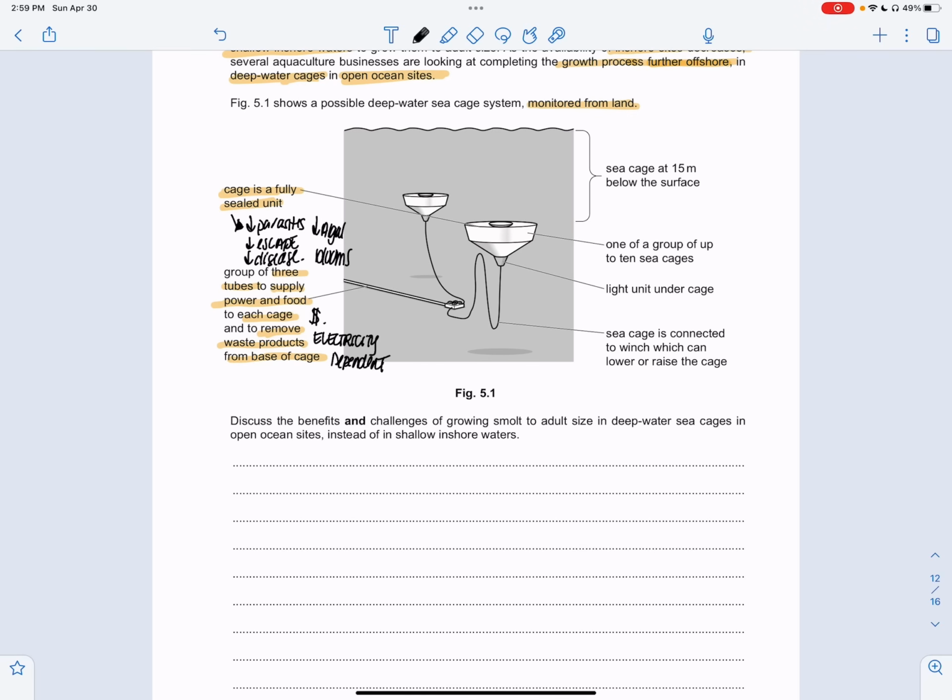So one tube is doing food, another one is electricity, and the other one is to remove waste. So waste goes back, electricity goes to it, and then food goes to it.